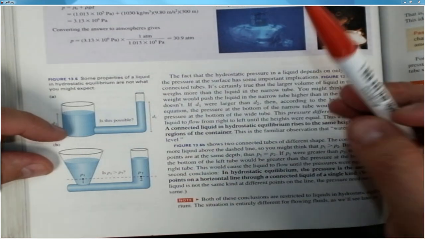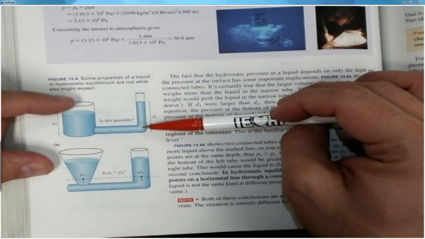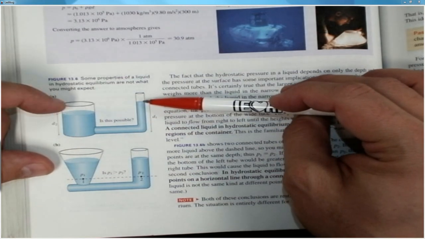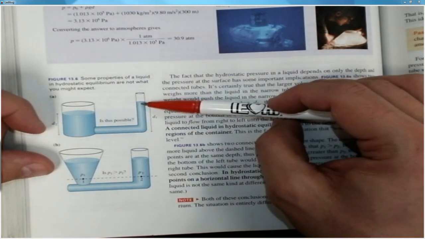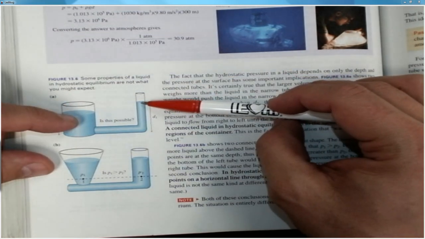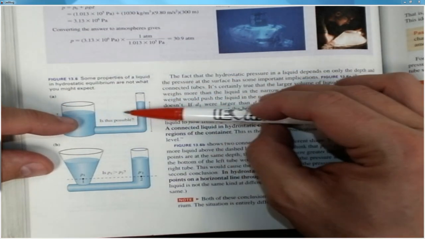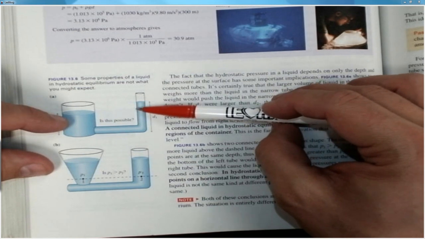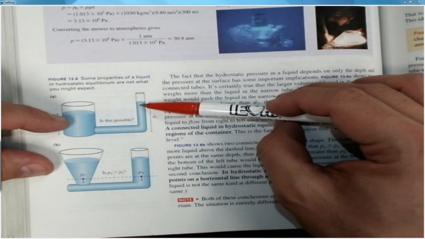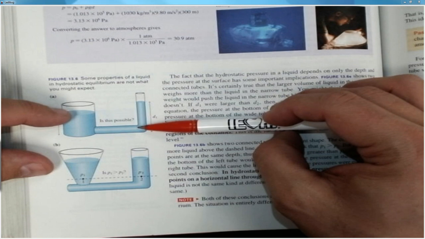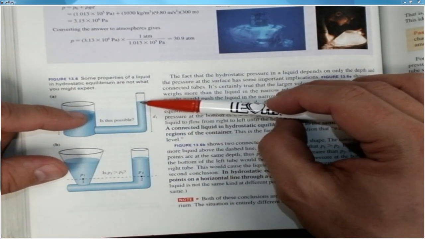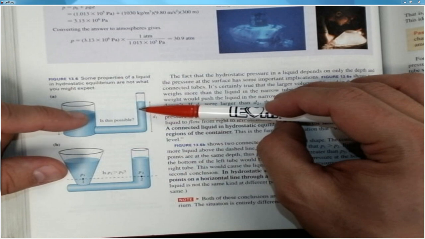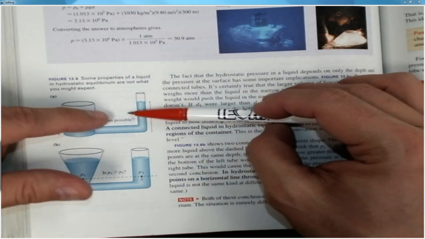If there was some kind of pressure difference, it would equalize. If there was extra water above this level, then this extra weight would exert a net downwards force on this side and a net upwards force on this side. So this liquid would move up and this liquid would move down until they were in equilibrium.